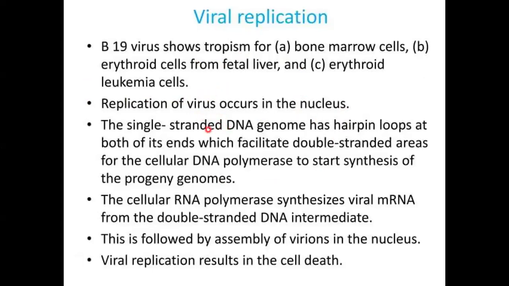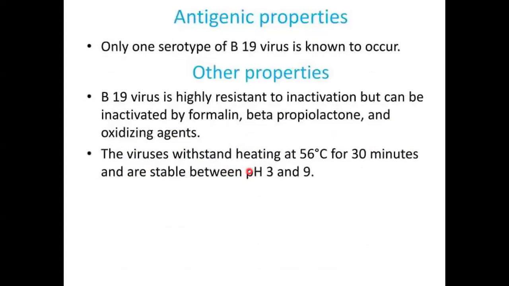What happens at first? It has hairpin loops at both of its ends, facilitating double-stranded areas for cellular DNA polymerase to start synthesis of progeny genomes. So basically, we have DNA, which will be converted to RNA, then RNA will be converted to protein. That's the most important thing you should remember.